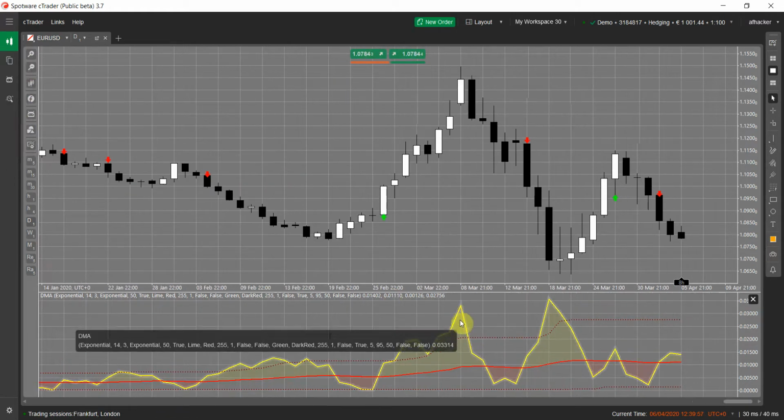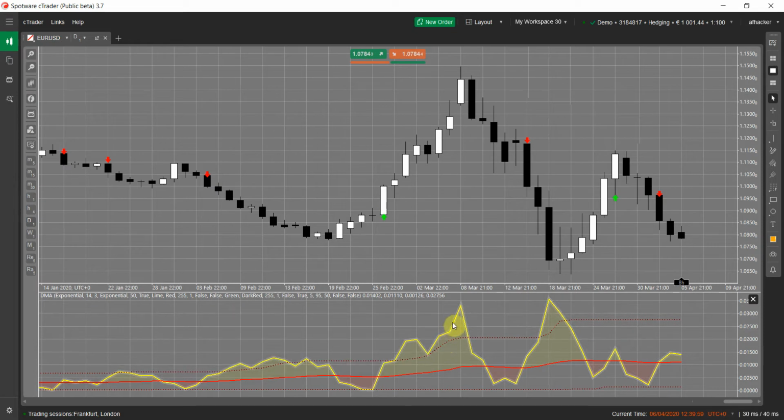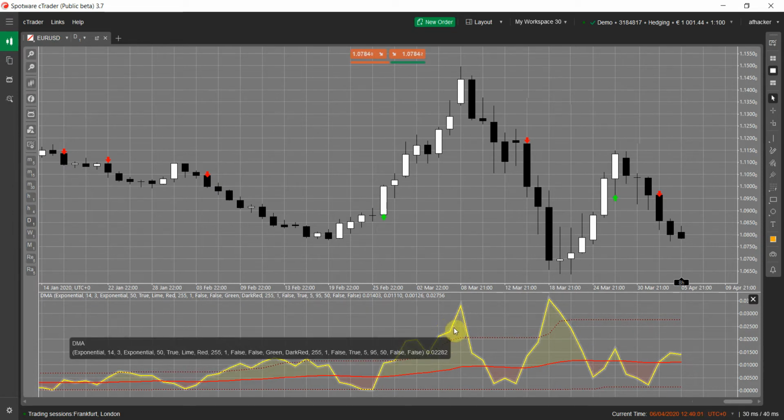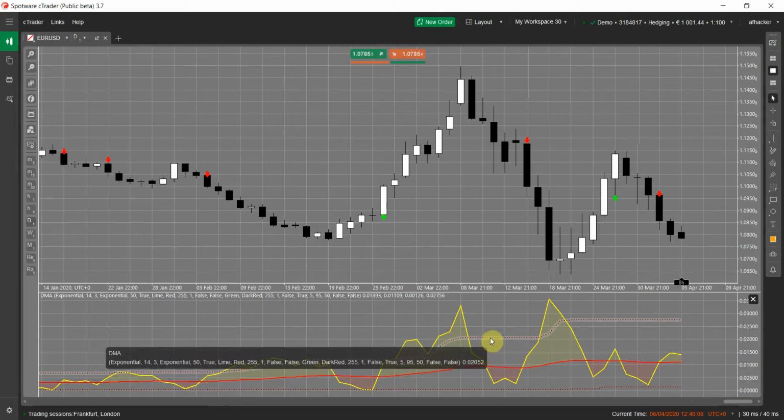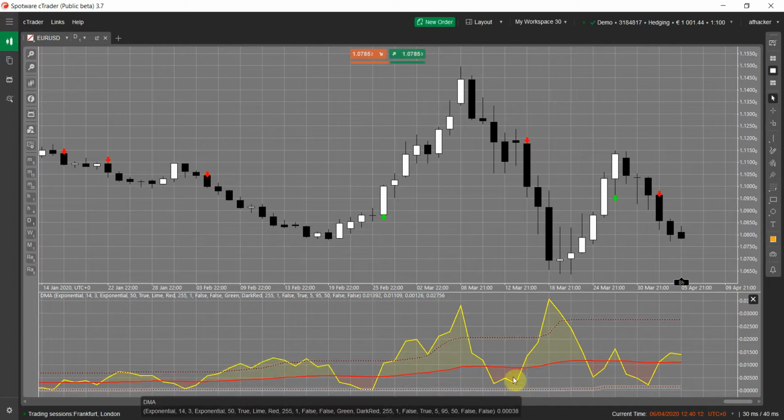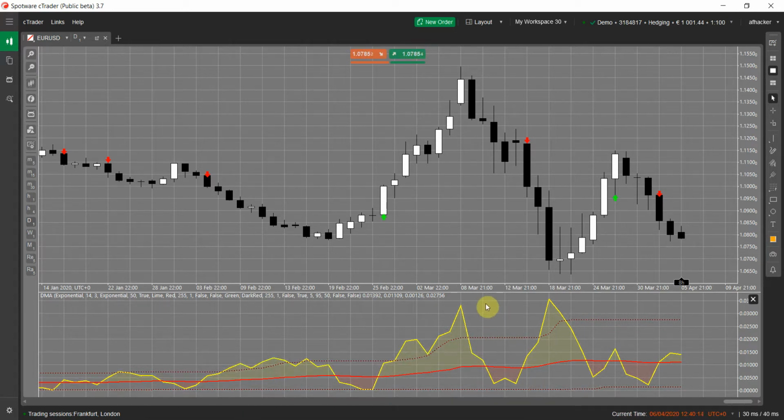This yellow line is the distance from moving average, and the red line is the average distance from moving average. These two dotted lines on the top and bottom are percentile lines that you set, which show the x percentage in the x previous distance values.